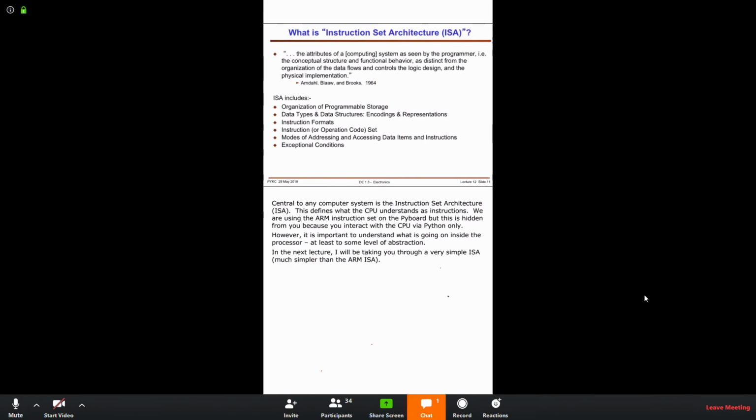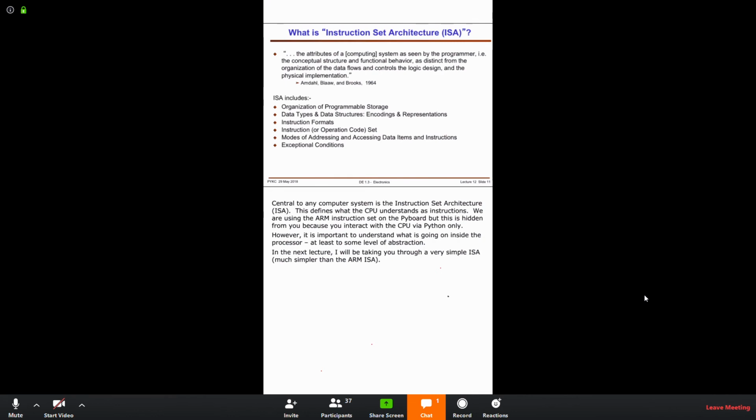So instruction set architecture is important to understand what is going on inside the processor, at least at some level of abstraction. You have learned through the C programming language that there is an abstract data type, ADT, with its own syntax. So abstraction is there: how instructions are given to the processor by the external programmer, what goes on inside, and how it is viewed by the programmer.